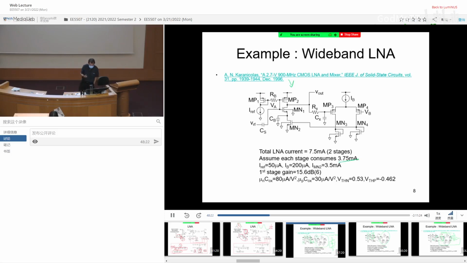So we need to decipher the paper. Here, the paper didn't give more detail, but we can try to do some power budgeting. As an IC designer, we do power budgeting. What is power budgeting? You have different branches, so you have to think about how much current to assign to which branch.